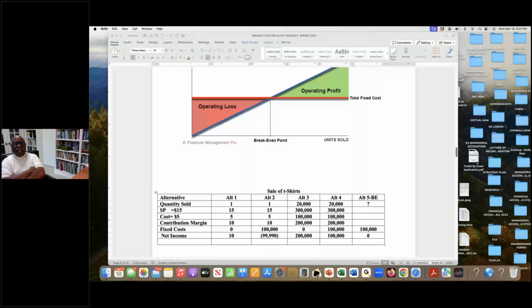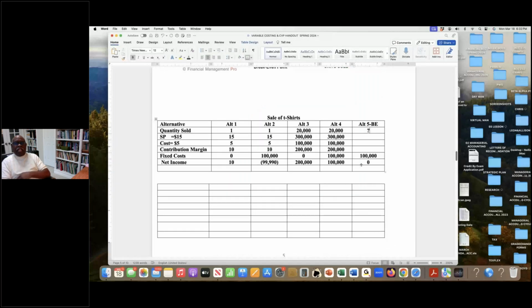That's a key calculation that you are expected to know as you move forward to your upper level courses and marketing, your capstone course, your entrepreneurship course, the project that you're working on.